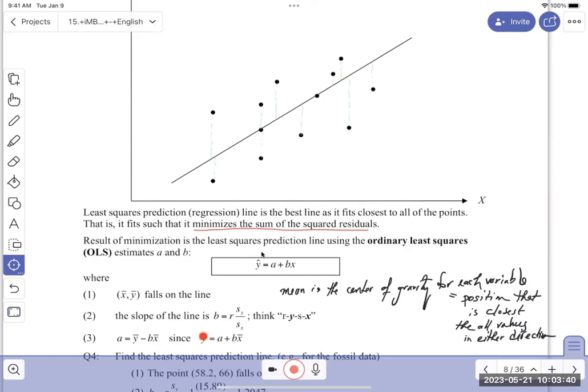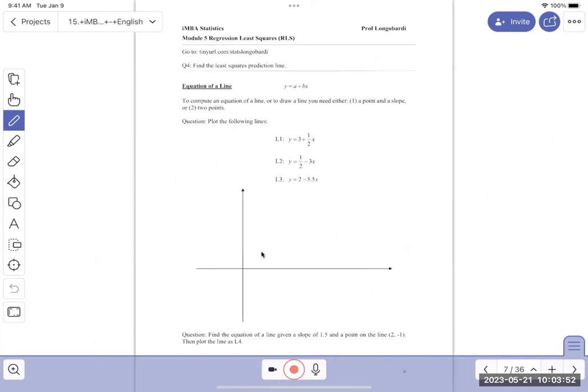Then we have this result. All you need to make the equation of a line is a slope and a point. And if you don't know that, go back to this discussion that I have a video for.